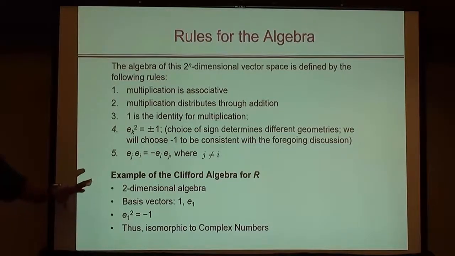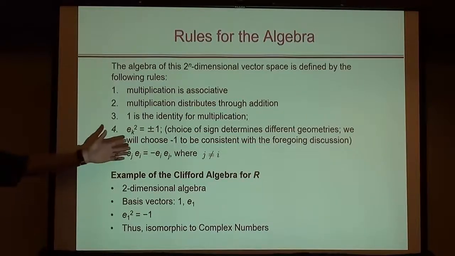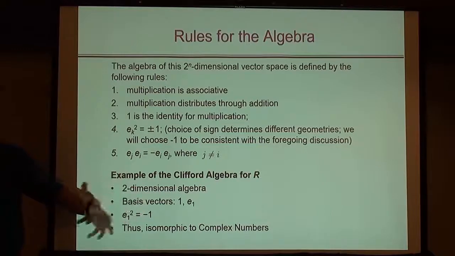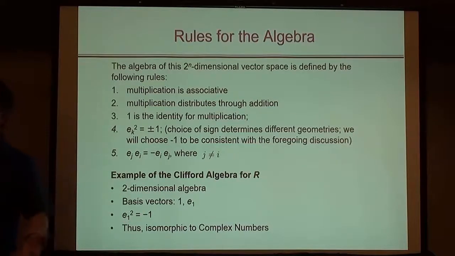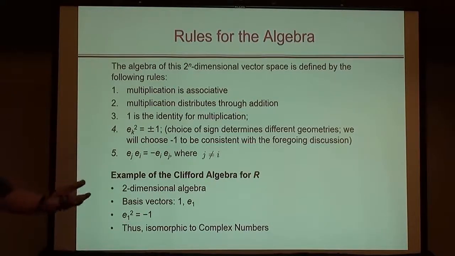So what I want to say is that quaternion algebra is a special case of Clifford algebra, and the multilinear algebra wedge product is also a special case of this. So if you use Clifford algebra, you can handle pretty much everything you want to handle in kinematics.